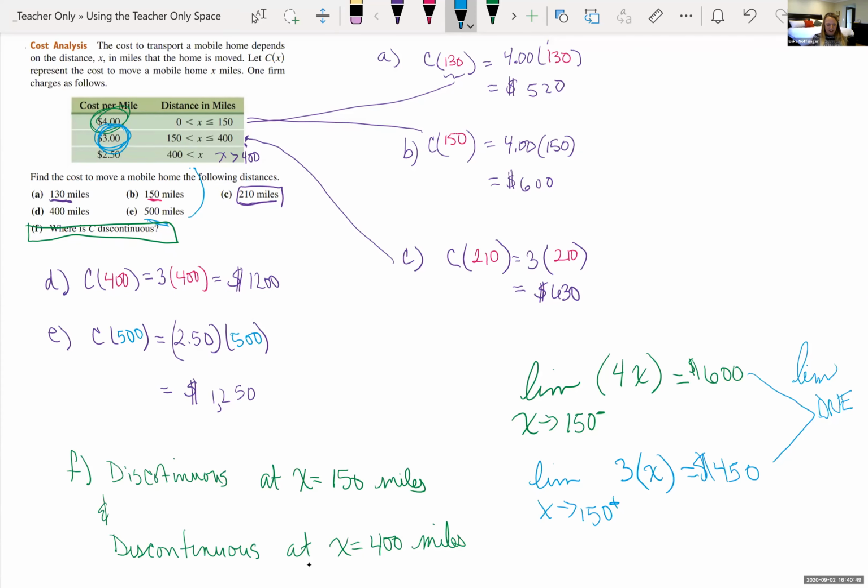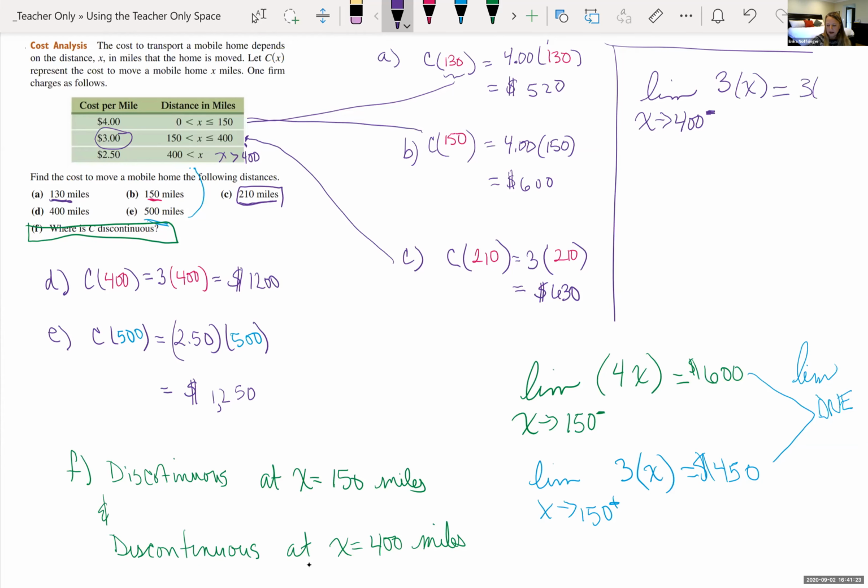Now, one more time. I'm looking at the limit as x goes to 400. So 400 on the left, that means less than 400 miles, which means they're charging $3 per mile, and 3 times x, 3 times 400, gives us 1,200.